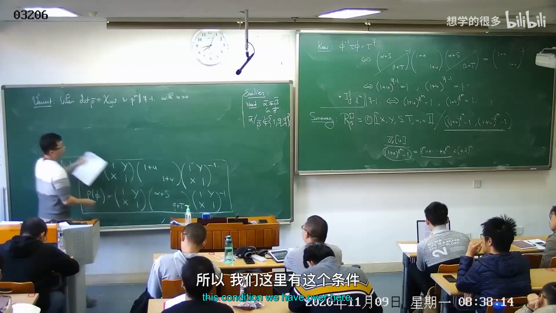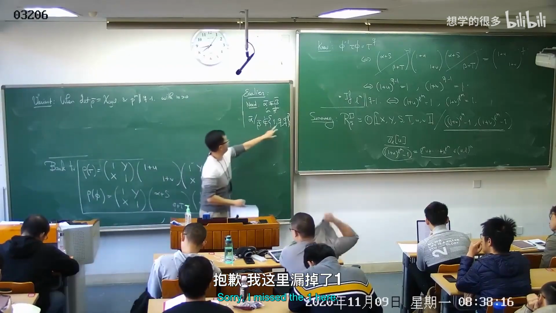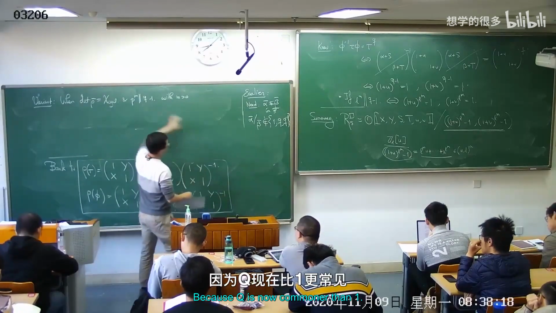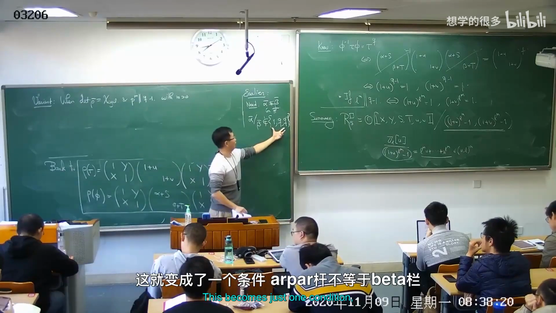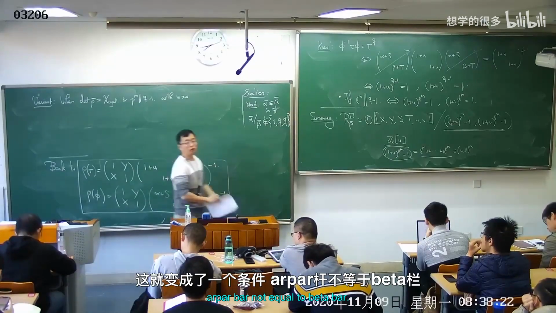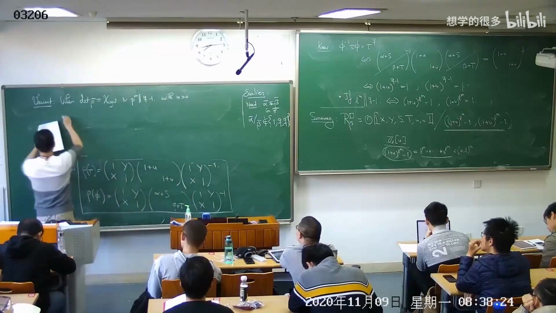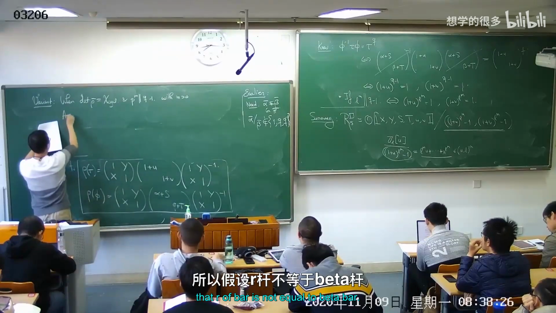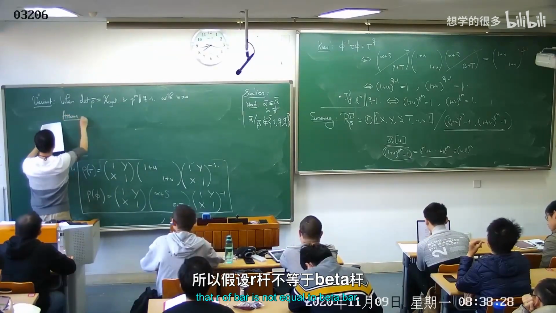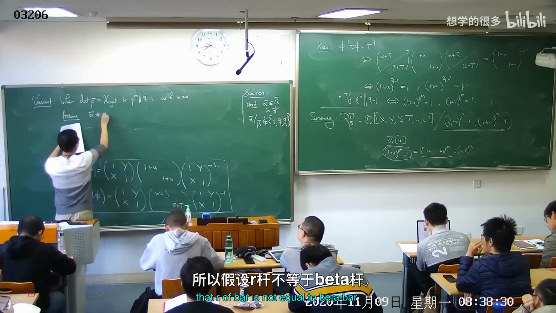So therefore, this condition we have over here, sorry, I missed the 1 here, because Q is now congruent to 1. So this becomes just one condition: alpha bar not equal to beta bar. So assume that alpha bar is not equal to beta bar.